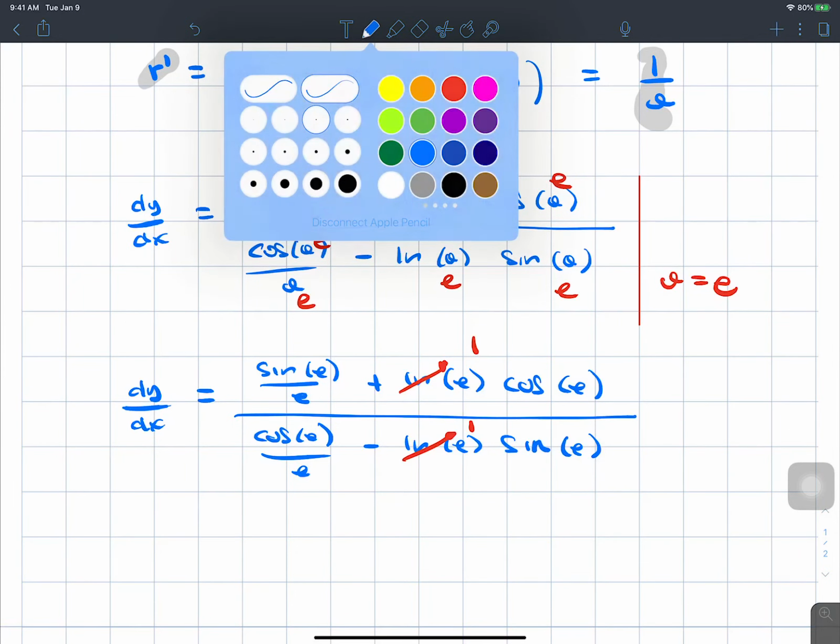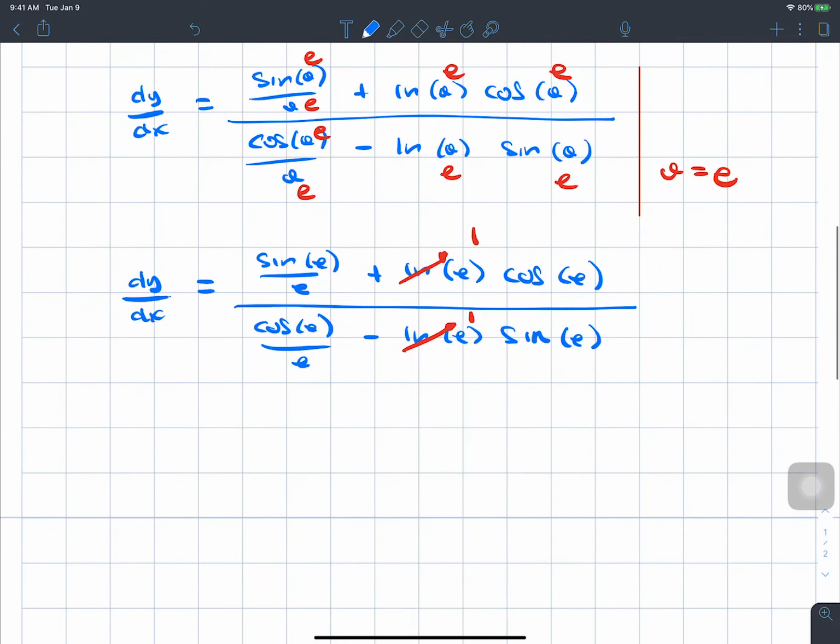And I'm going to say something here. We can simplify this. I'm going to multiply the top by e and the bottom by e in each case. And you might say, well, what does that do for us? Well, here's what it'll do.